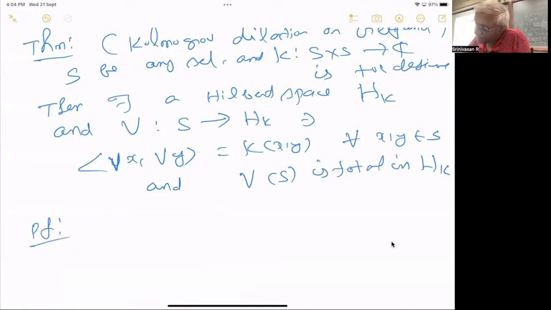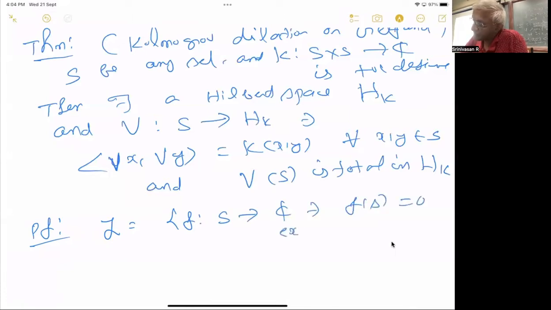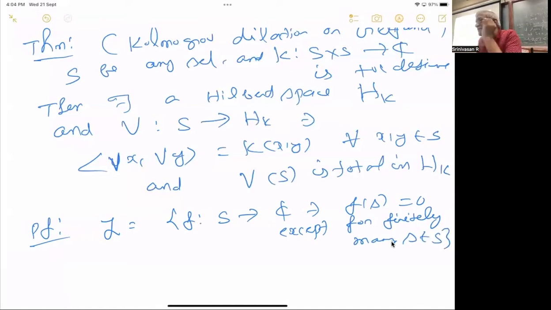So let L equal all functions from S to C such that f(s) equals 0 except for finitely many s. So f has finite support.